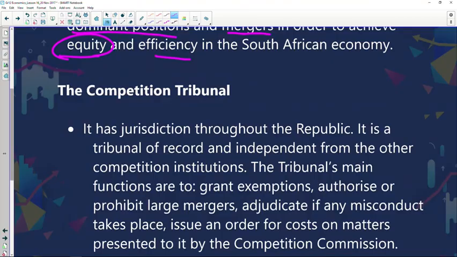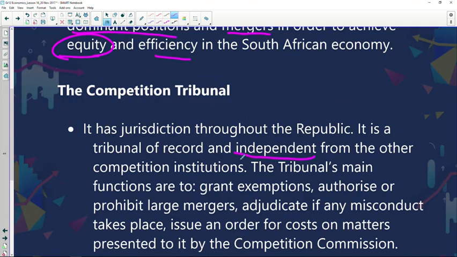And then we move on to the Competition Tribunal. It has jurisdiction throughout the Republic. It is a tribunal of record and independent from any other competition institution. So it is an independent institution.